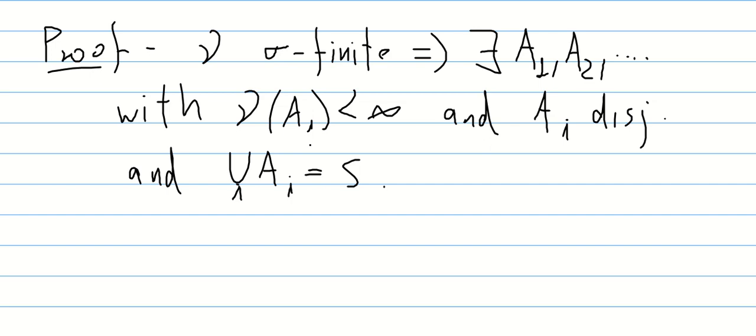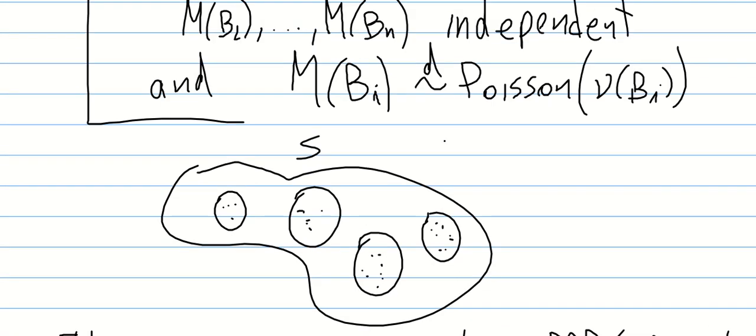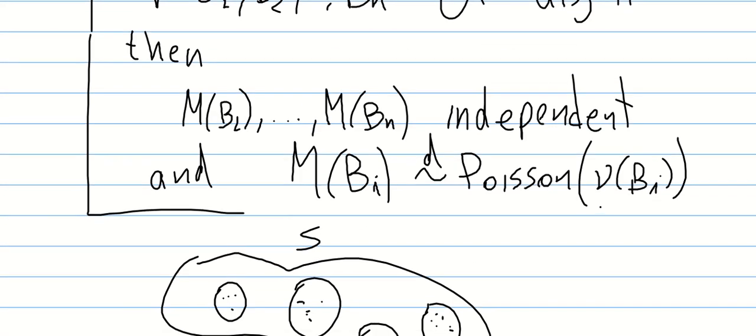The advantage of this is that, you see here, I didn't say what happens when this measure is infinite, but you should think of that as the Poisson variable with infinite parameter being equal to infinity almost surely.